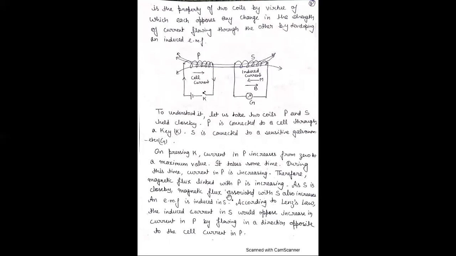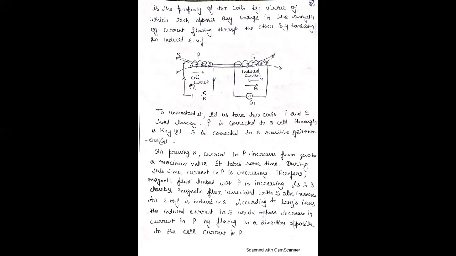Now the next is mutual induction. Mutual induction is the property of two coils by virtue of which each coil opposes any change in the strength of the current that is flowing through the other by developing an induced EMF.